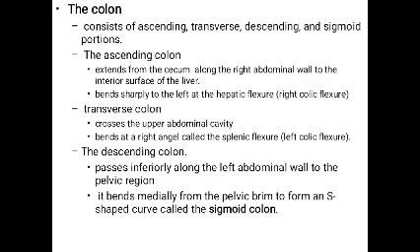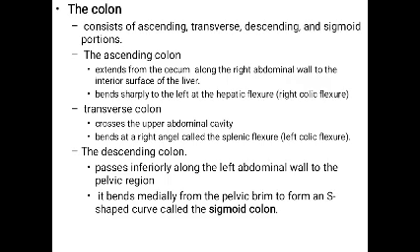The ascending colon extends from the cecum along the right abdominal wall to the inferior surface of the liver. The transverse colon crosses the upper abdominal cavity and bends at a right angle, called the splenic flexure, that means left colic flexure.